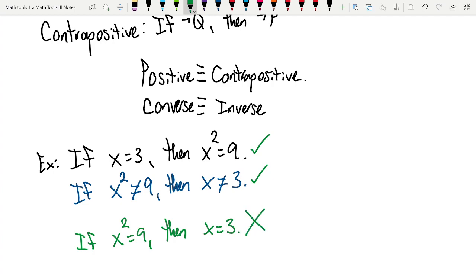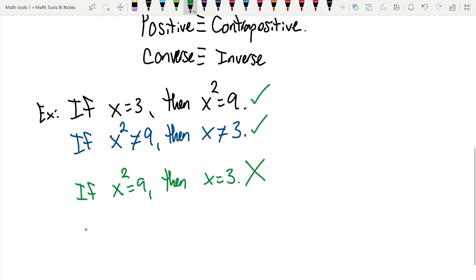Okay, that's not true, as we already saw. And the inverse tells us the same thing, so we should expect the inverse to not be true, which is: if x does not equal 3, then x squared does not equal 9. Well, that's not true, because x could be negative 3, and then x squared would be 9, right? So we know that's not true.